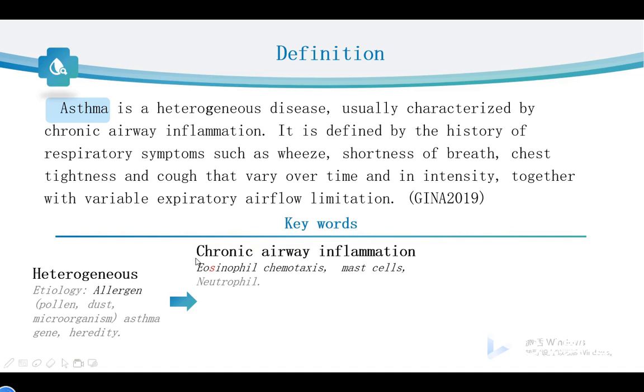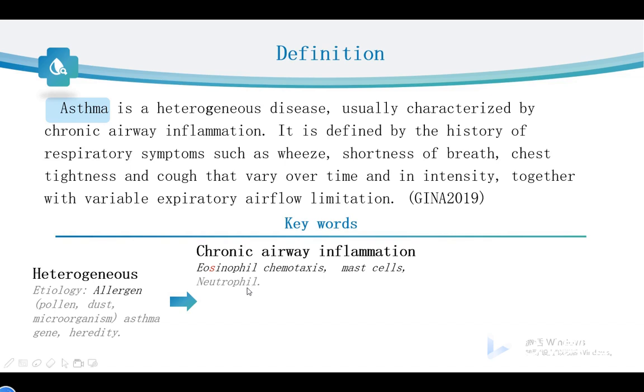One is the chronic airway inflammation. Please notice here, the eosinophils plays the most important roles in the chronic airway inflammation, and other cells can also take part in the chronic airway inflammation, including the mast cells, neutrophils, and so on.